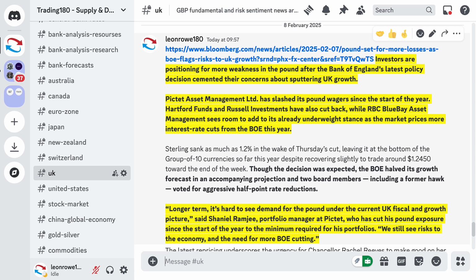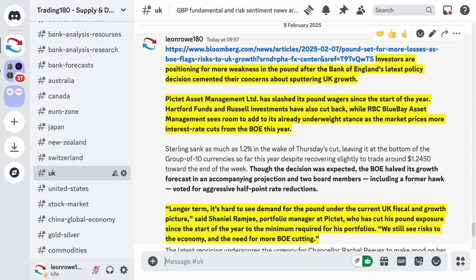So pretty much you've got some asset managers who are quite bearish on the pound. And it says here, longer term, it's harder to see demand for the pound under the current UK fiscal and growth picture, says Shanil Ramji, portfolio manager at Pictet, who has cut his pound exposure since the start of the year to the minimum required for his portfolios.